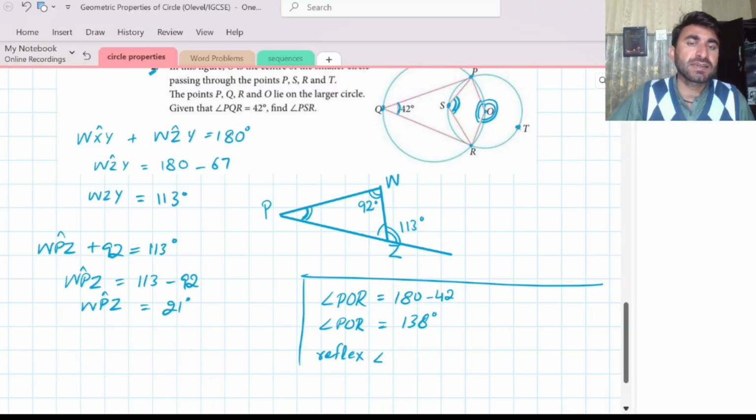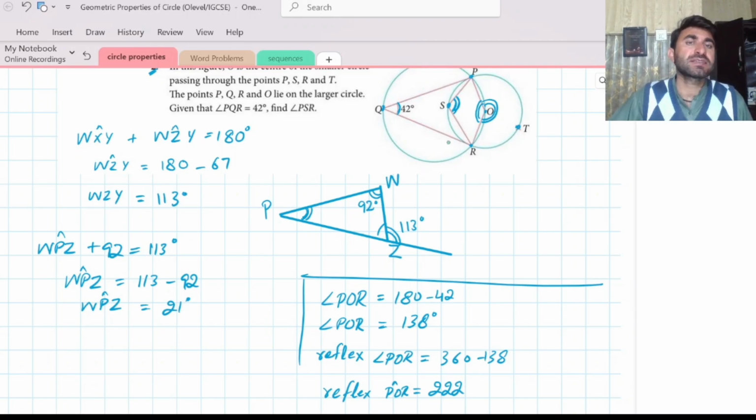So reflex angle POR is definitely 360 minus 138, and that is 222 degrees. So that is the reflex angle POR.